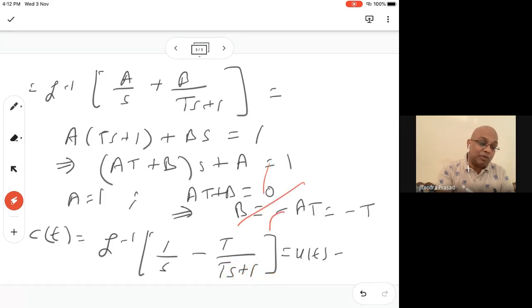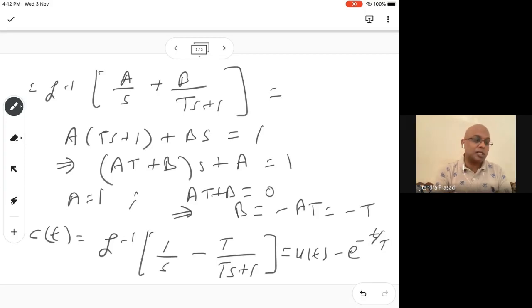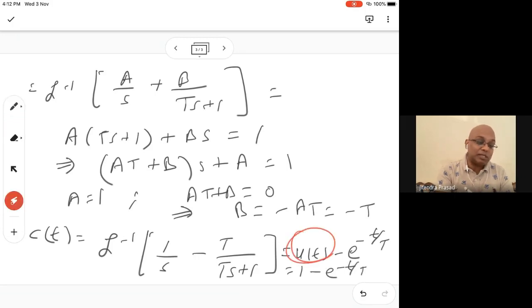So 1 over s plus a, you know that is e to the minus t over a. So basically what we get is simply e to the power minus t over T, this big T. Or simply 1 minus e to the power minus t over T, because this is the unit step function. So this u(t) is nothing but 1 for t greater than or equal to 0. So you get that.